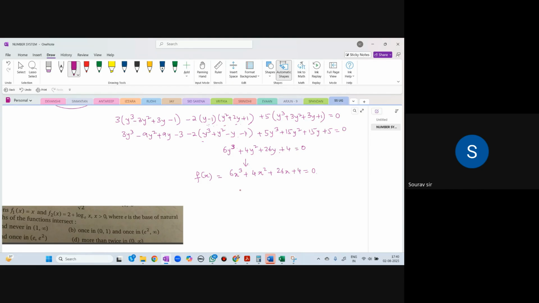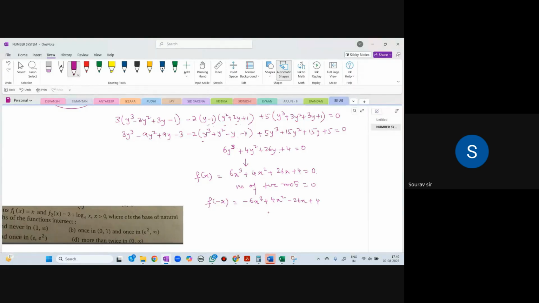So the number of positive roots is 0. Now we talk about negative roots. So we have to get f(-x). So that is minus 6x cubed plus 4x squared minus 26x plus 4.